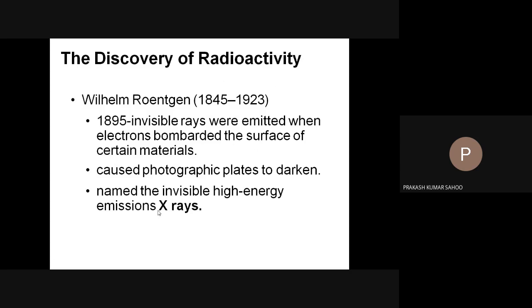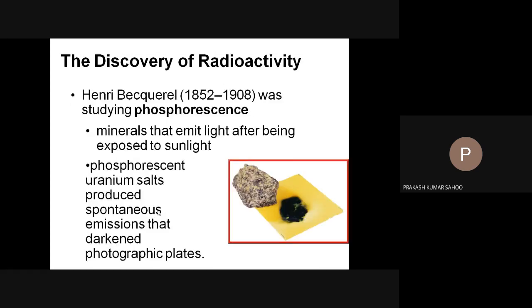This concept was moved forward by the great scientist Henri Becquerel, whose period is 1852 to 1908, and he studied the concept of phosphorescence. When he studied phosphorescence, he observed some minerals emit light after being exposed to sunlight. Like this is the picture.